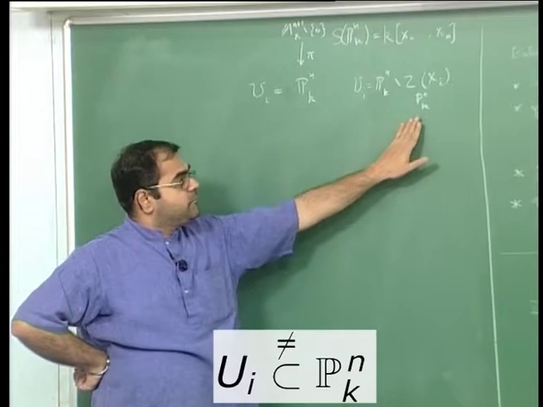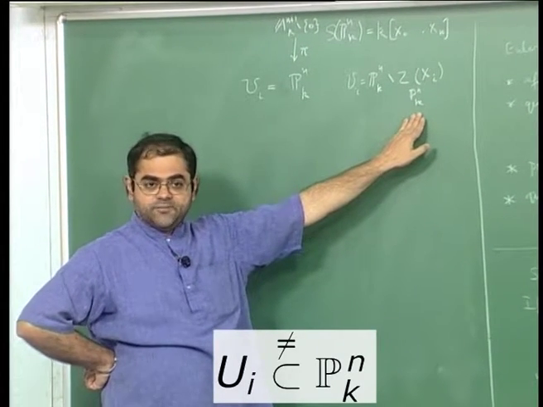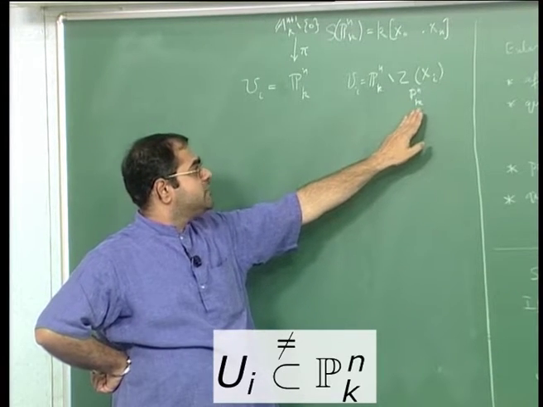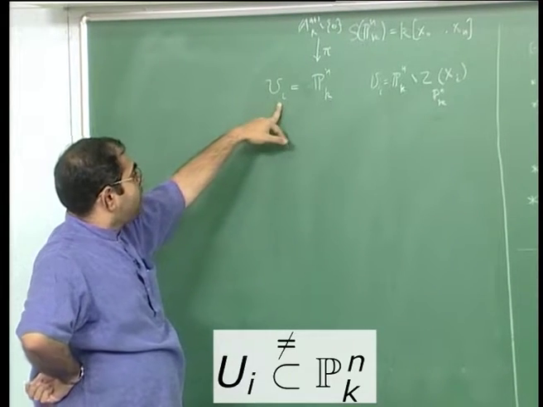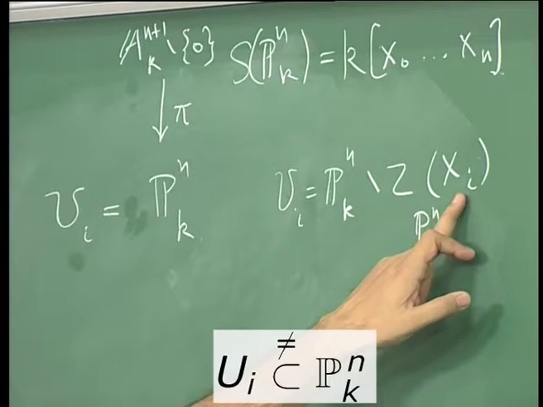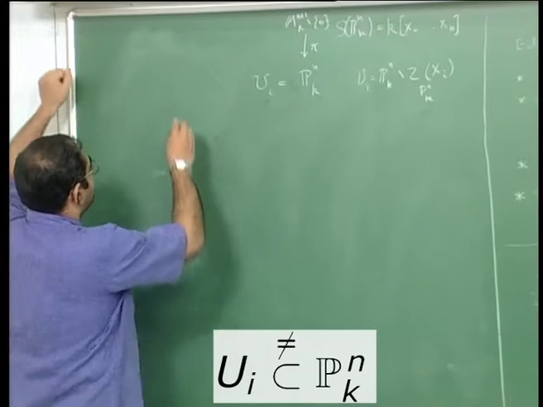It's called a hyperplane because it corresponds to the ith coordinate being 0, and its complement is this open set Ui. This consists of all points with homogeneous coordinates with the ith coordinate non-zero.